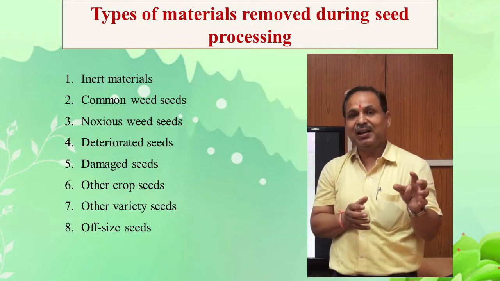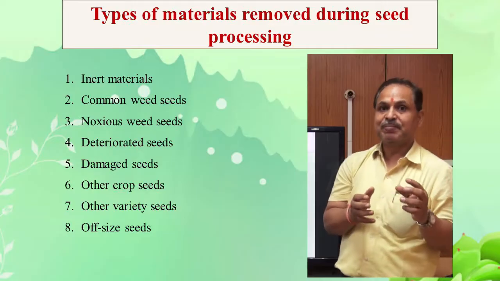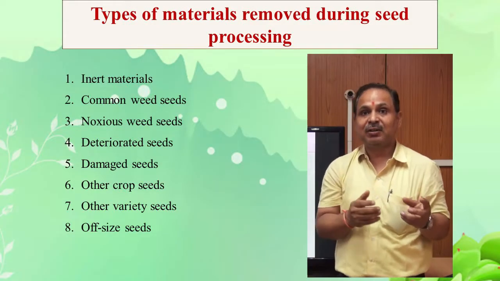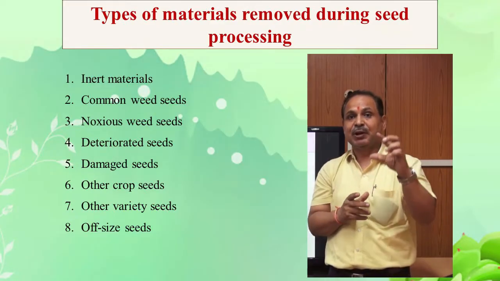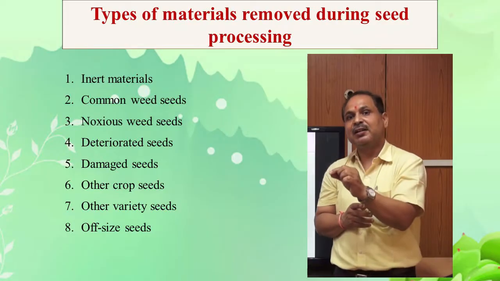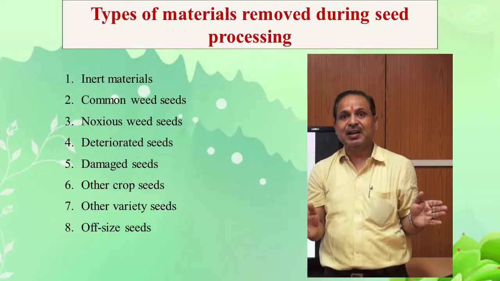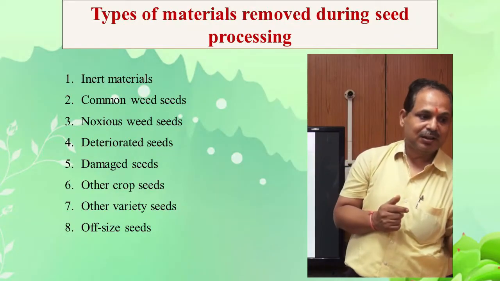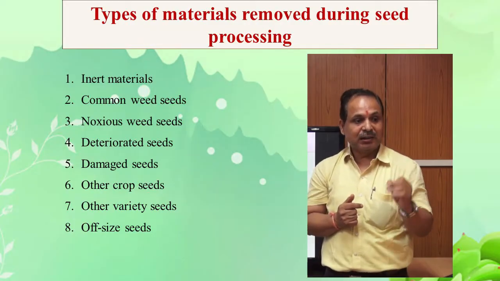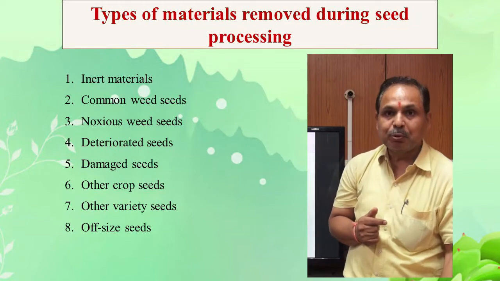This can only be done by apparently visible characteristic features, like color of the seeds and size of seeds. If a particular variety of the same species varies in color, size, or shape, it can be separated easily by magnifying lens. Other varieties of seeds can also be removed during the processing.